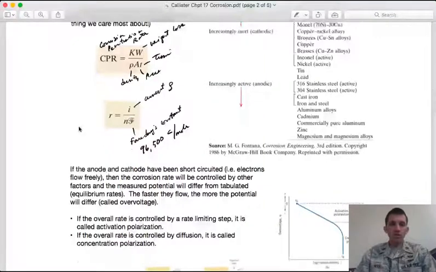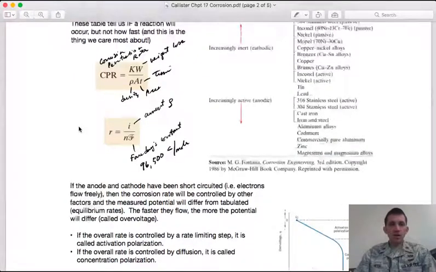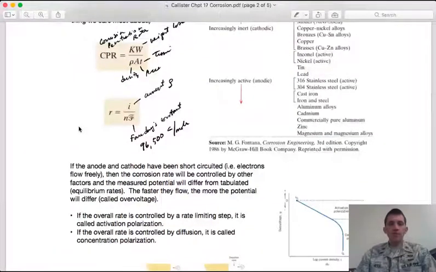You can also think about it in terms of current density. If you're corroding faster, you're obviously going to have the reactions occurring faster, and part of that reaction is electron transfer through the material from the anode to the cathode, giving you a larger current density.